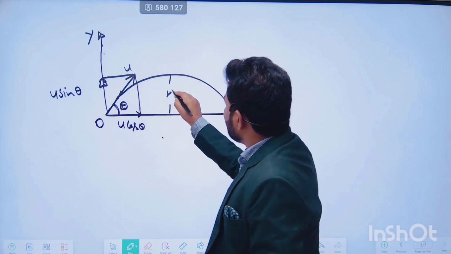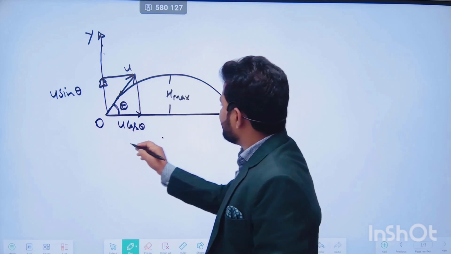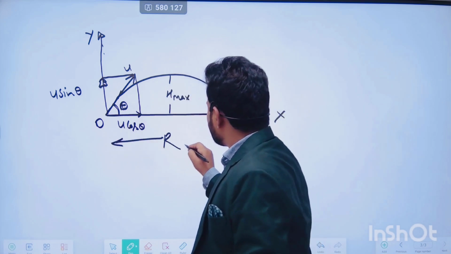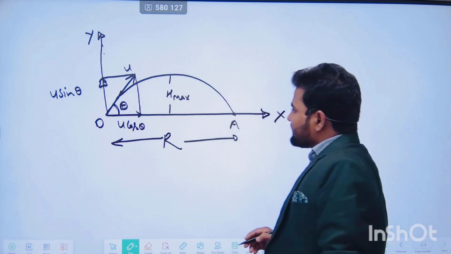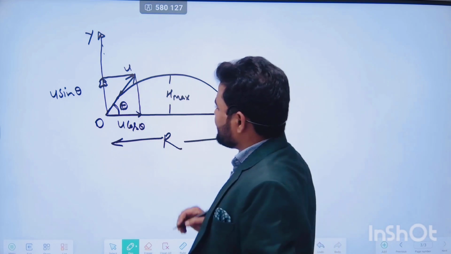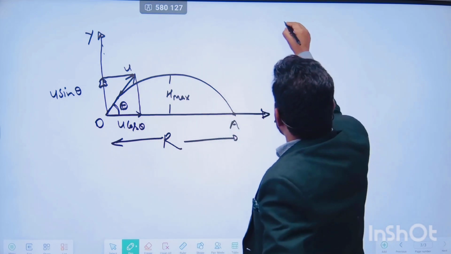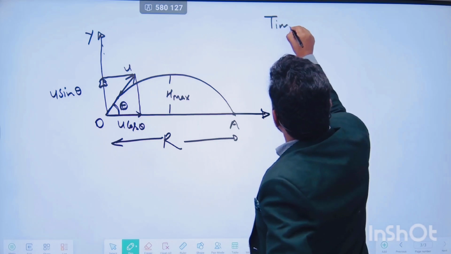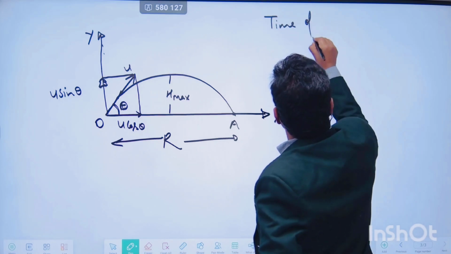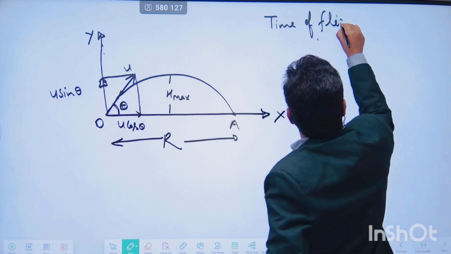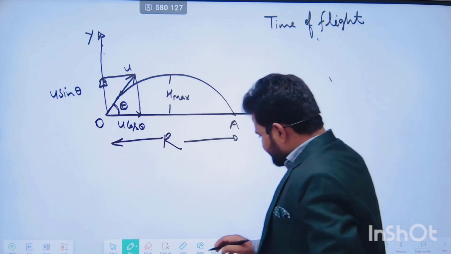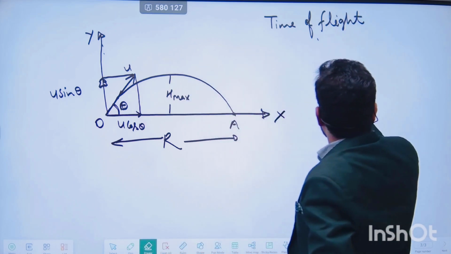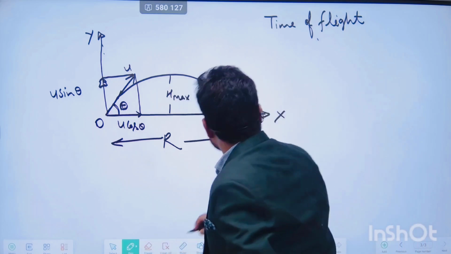This is the maximum height and this is the maximum range. These are the terms we'll discuss. So to find the time of flight, we will evaluate it here.